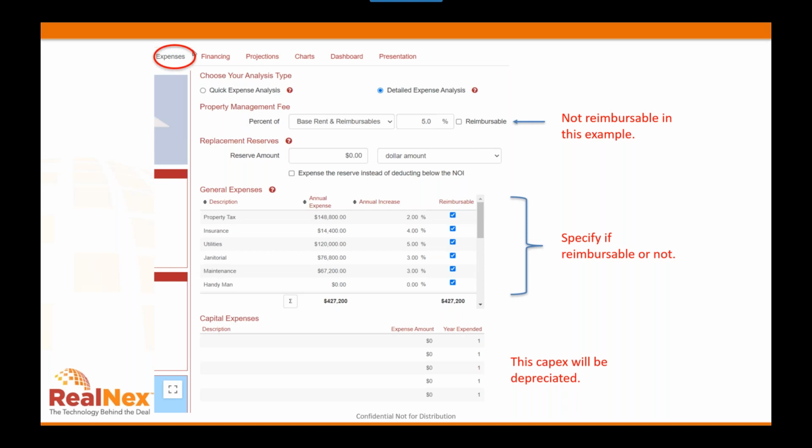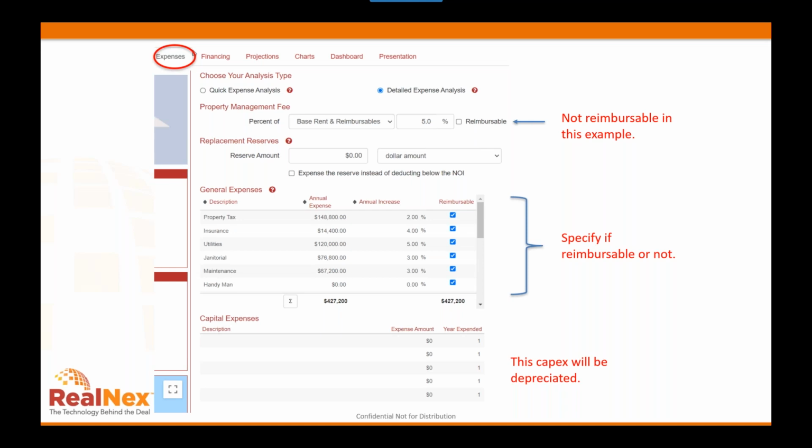That's usually a percentage of effective gross income on the property. And so here we have property management fee of 5%, and we're saying it's not reimbursable. You could make it reimbursable, just that typically, at least a lot of times I've seen that that's not reimbursable, where you can get reimbursed for any increases in the property management fee.